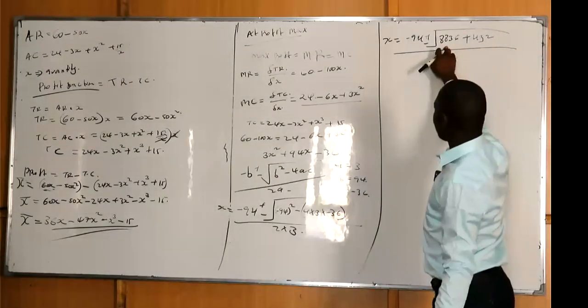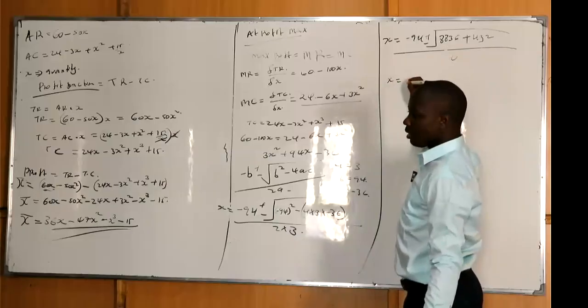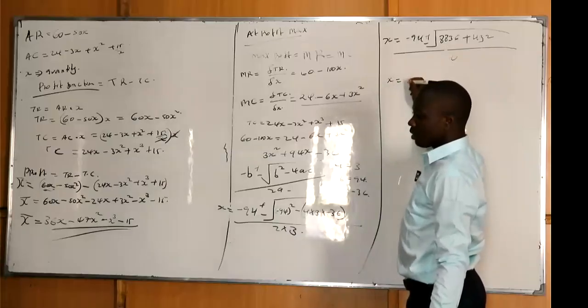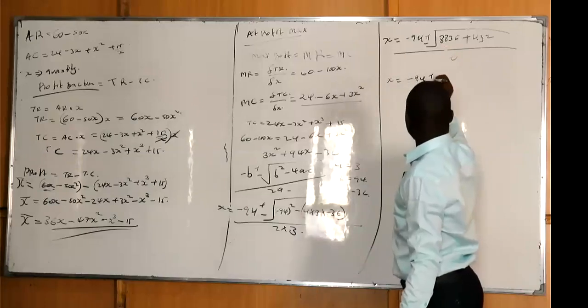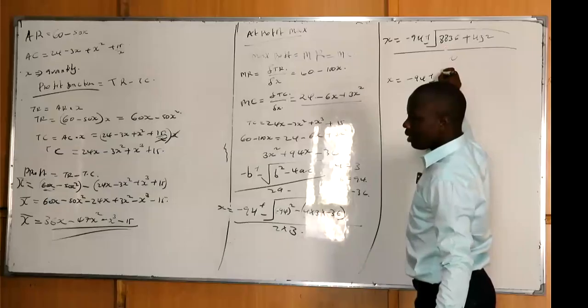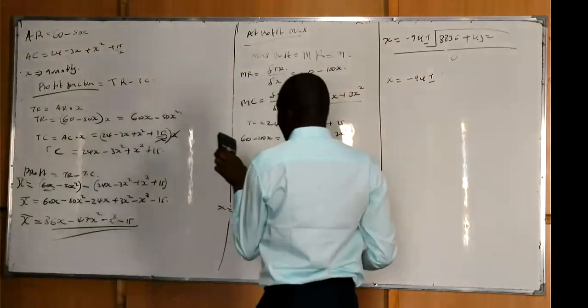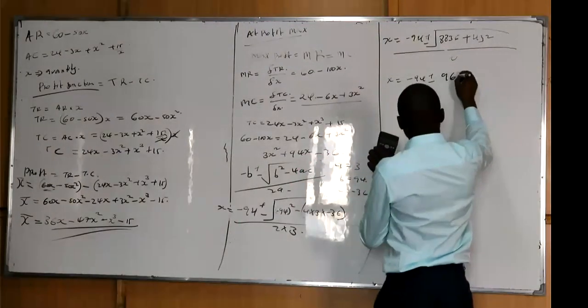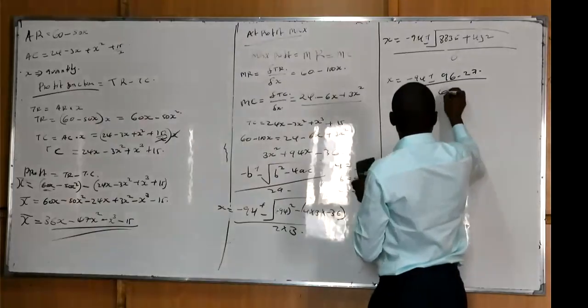Square root, you get? So it will be negative 94 plus or minus, you get 96.27. You divide it by 6, isn't it?